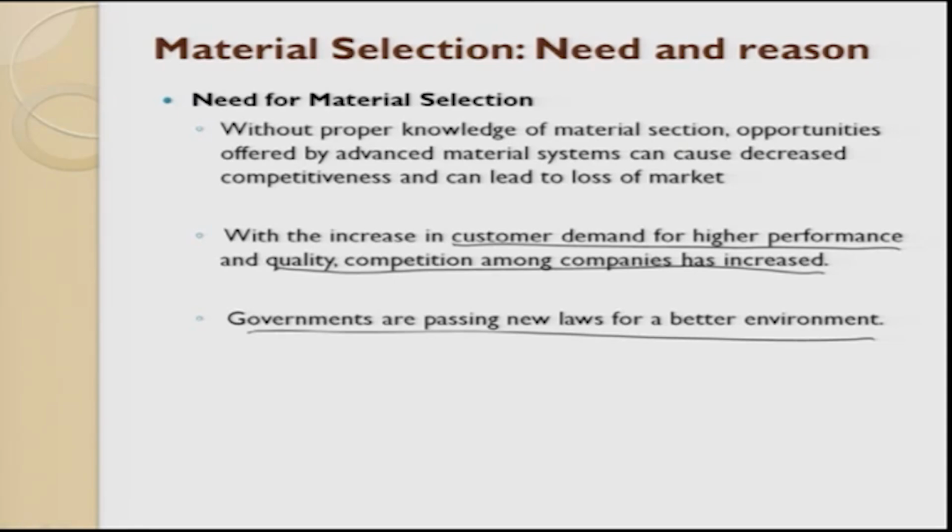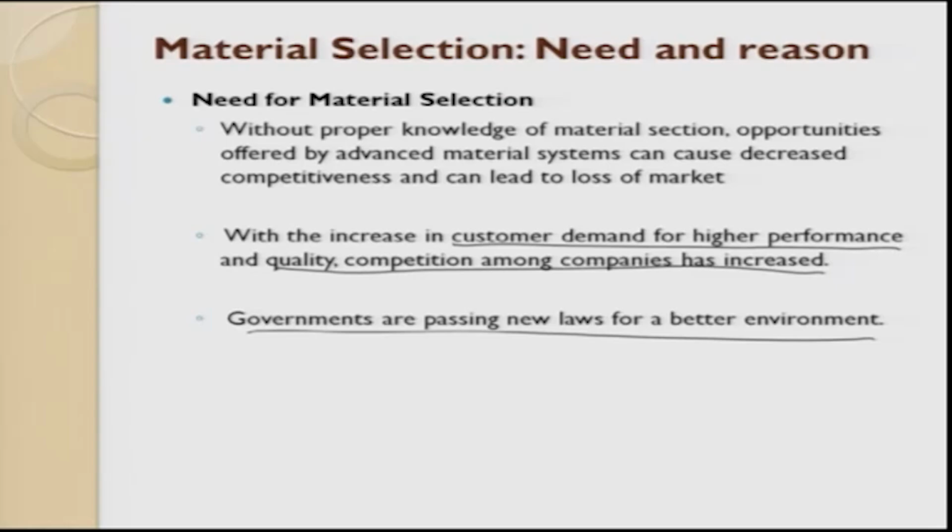So the material which is chosen for making a product, what the government norms are pushing very hard is that it should have minimum carbon footprint, it should be biodegradable, or it should be recyclable. These things put a huge demand on the designer to make a proper material selection to achieve the product.